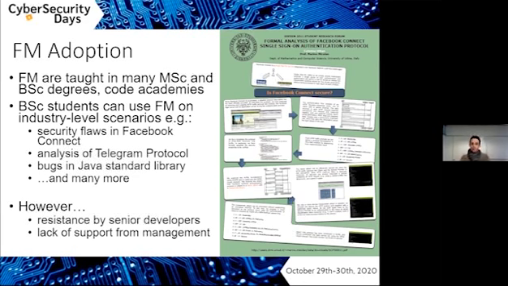However, formal methods are taught in many master and bachelor degrees, and also many academies, and already students at the bachelor level have the right mindset, tool set, and techniques to conduct analysis and employ formal methods at an industry level with high visibility results. Here are some examples. There are many more.